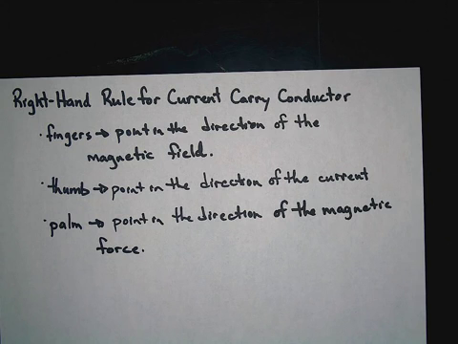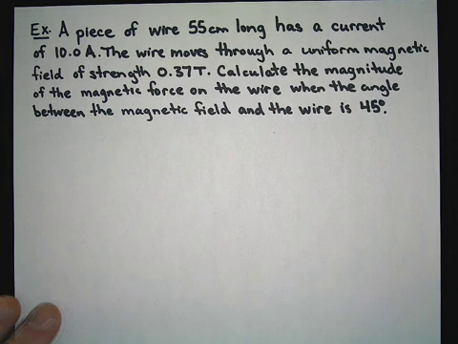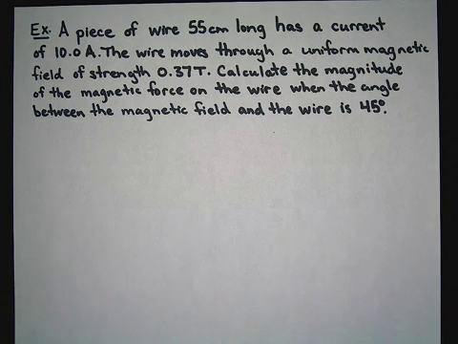So let us go through a fairly straightforward example calculating the force that is exerted on a wire in this case. We have a piece of wire 55 centimeters long, has a current of 10 amps, and the wire moves through a uniform magnetic field of strength 0.37 Tesla. We are going to determine the magnitude of the magnetic force on the wire when the angle between the magnetic field and the wire is 45 degrees.